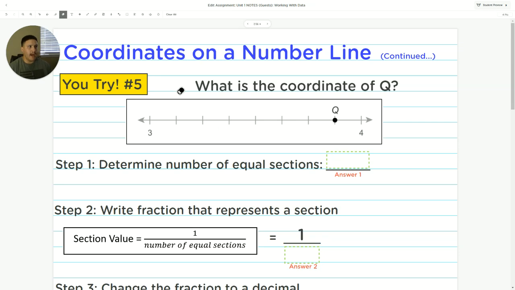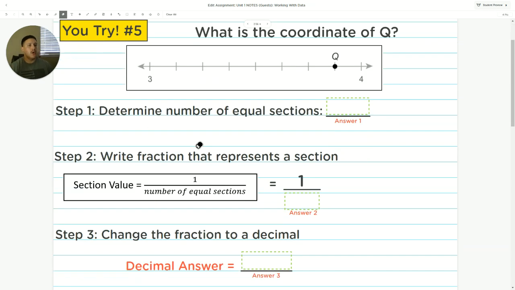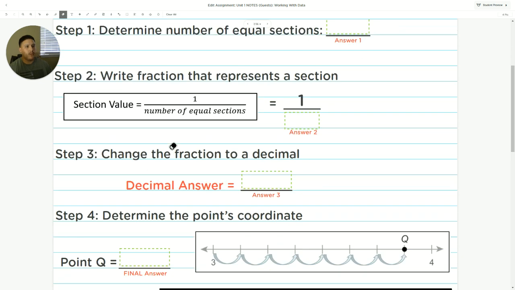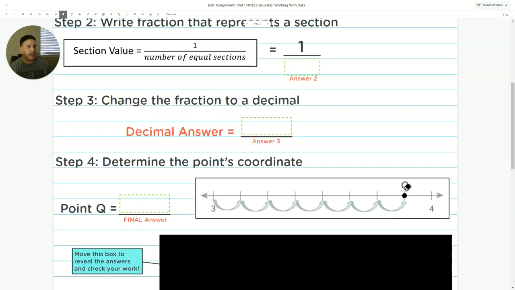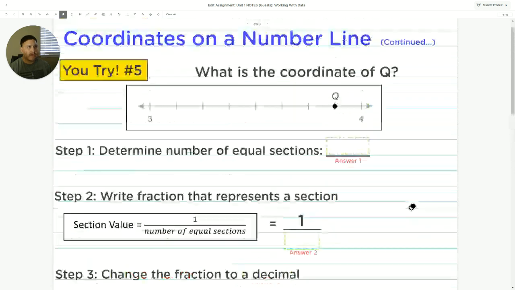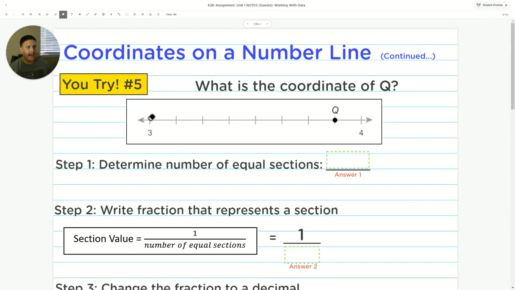You try number 5. I would like for y'all to go through each of these steps 1 through 4 to find the location of point Q. So here's the number line. We have 3 at one end, 4 at the other. We have several tick marks and spaces. You need to figure out where exactly Q is located on the number line, using the exact same way that we did with the previous example.